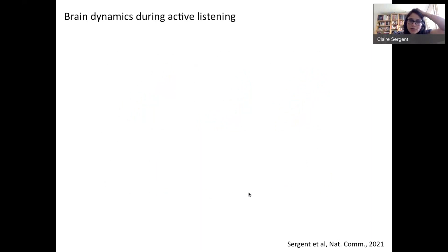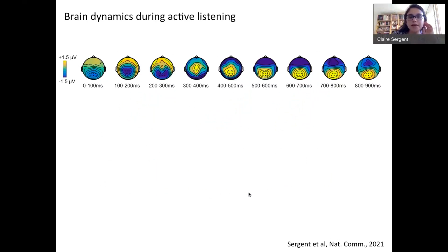let's now turn to the brain dynamics. Maybe I haven't mentioned that, but these results are on 20 participants using EEG. And here are the typical ERPs we obtain, so the waveform we obtain for the strongest stimulus.